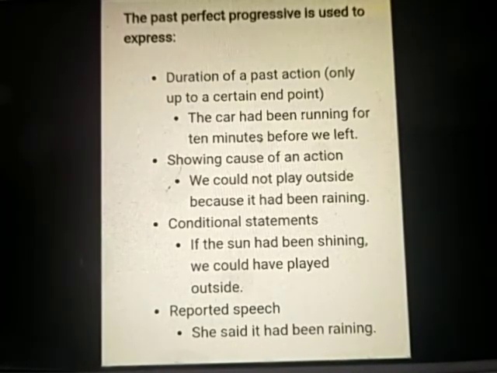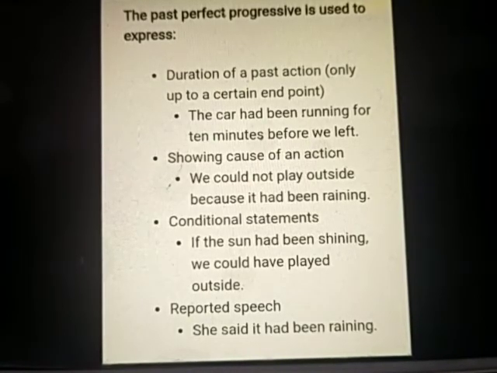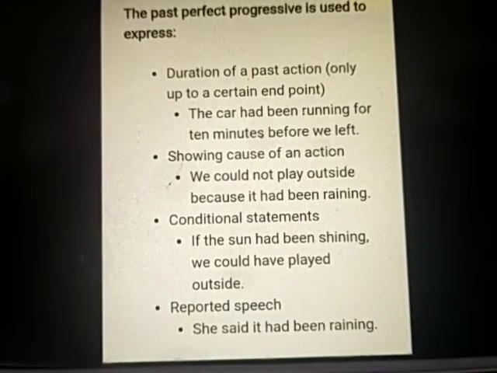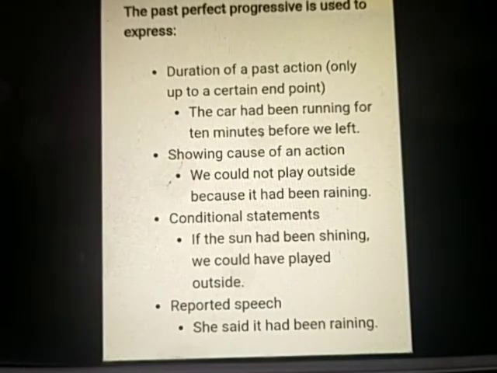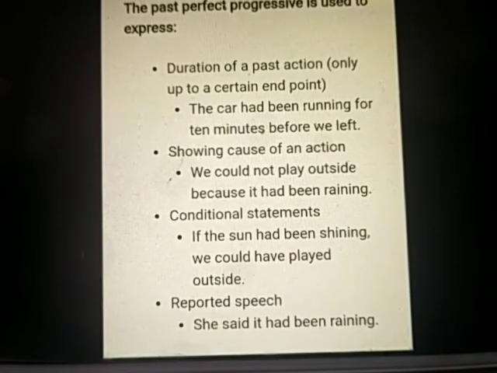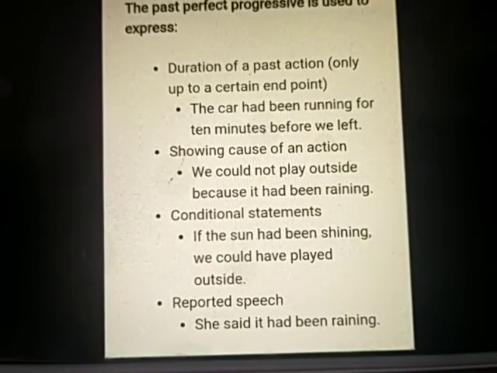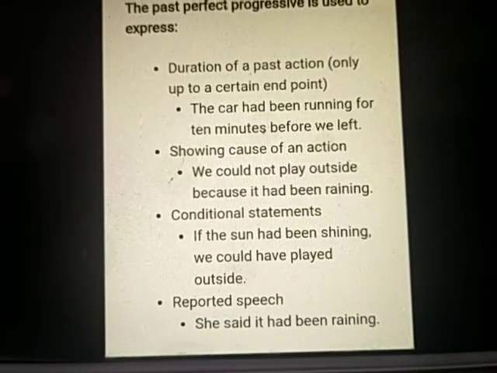For example, we could not play outside because it had been raining. Next is conditional statements. For example, if the sun had been shining, we could have played outside. And next, reported speech. Like, she said it had been raining.